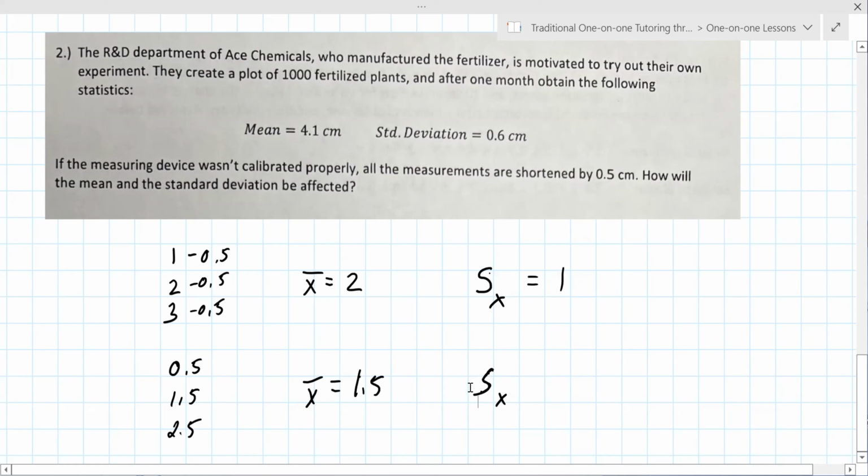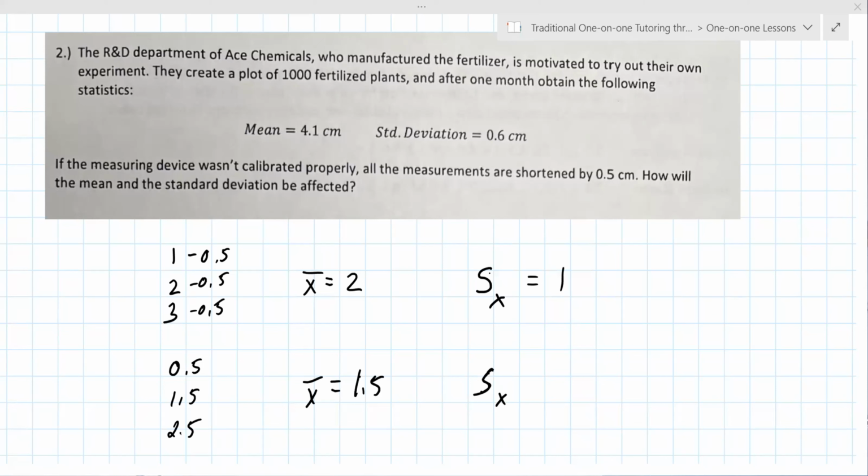You're just going down to the SX under one variable stats. Okay. The standard deviation is 1.